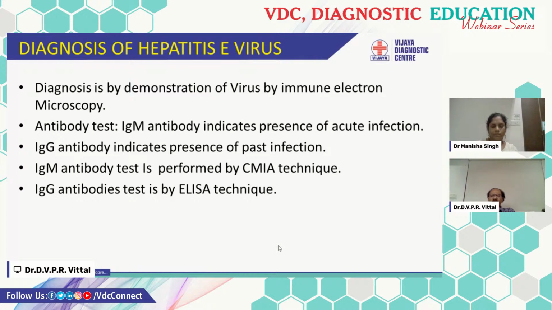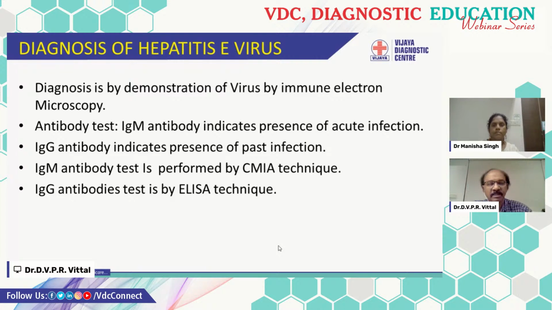Again, IgM antibody testing can be done, and IgM antibody indicates a recent infection, and IgG antibody indicates past infection. Again, these two are available in Vijaya Diagnostic Center, and IgM is performed by the chemiluminescent microparticle immunoassay, which is a specific and more sensitive assay, and the IgG antibody test is performed by the ELISA technique that is available here.